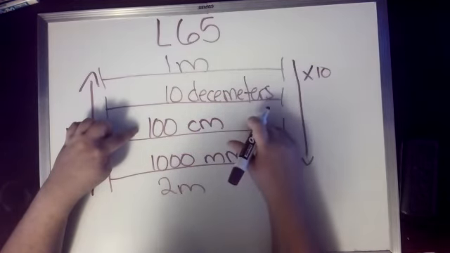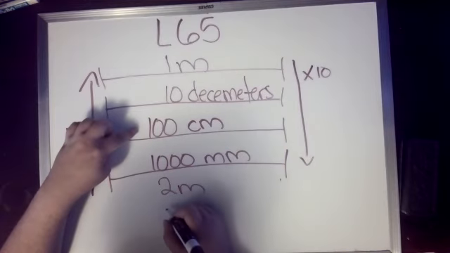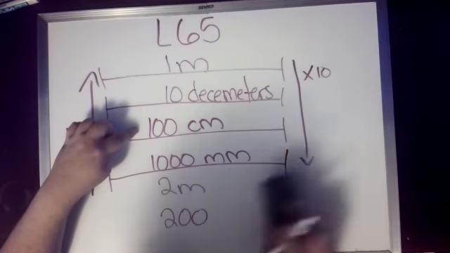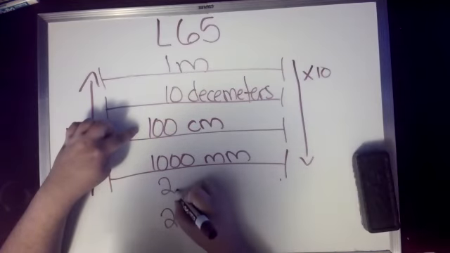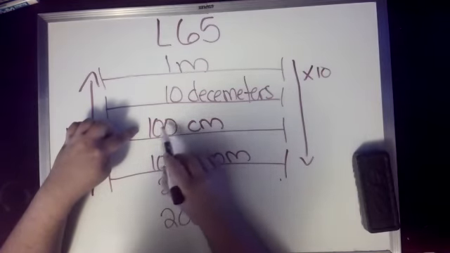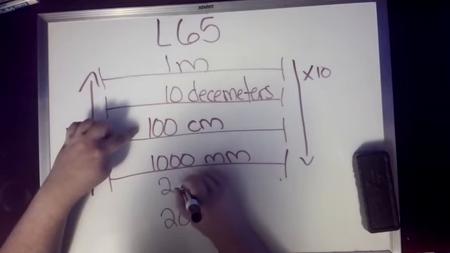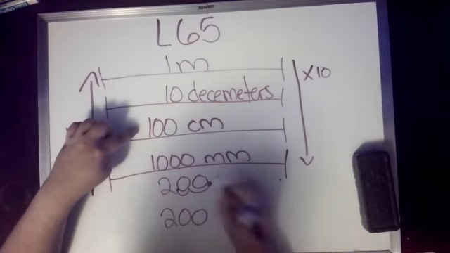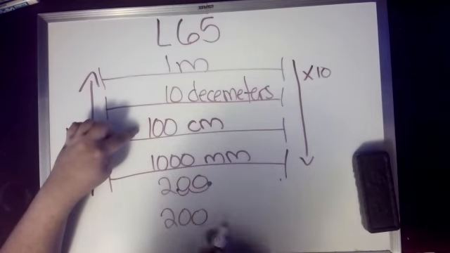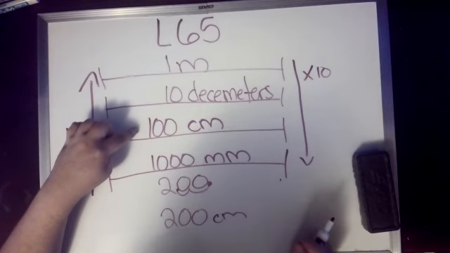So 2 times 100 is 200, because again, I'm taking this decimal here and moving it 2 places because of 2 zeros, 1, 2, and I'm filling those places with zeros, and I get 200 centimeters.